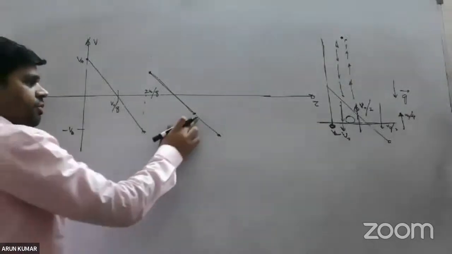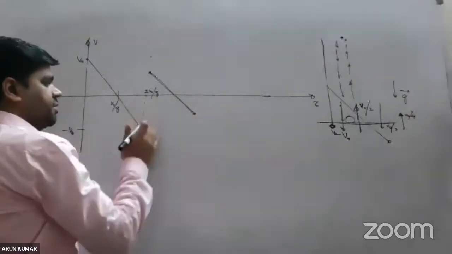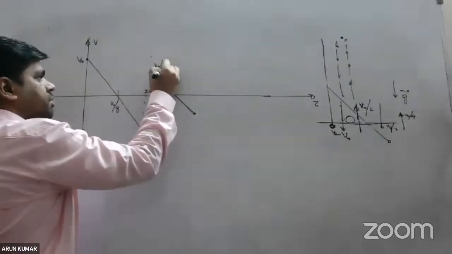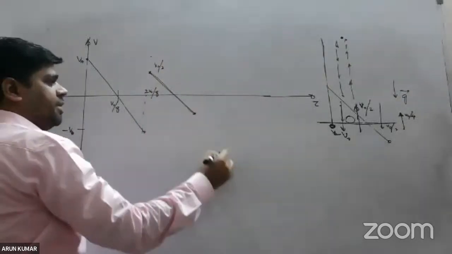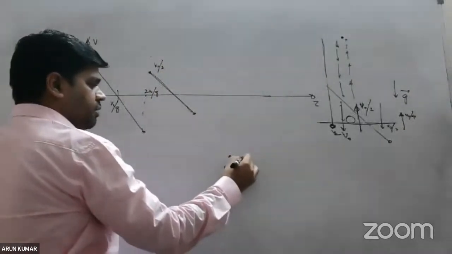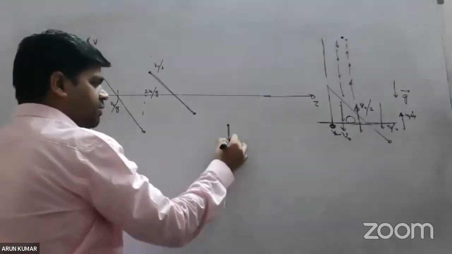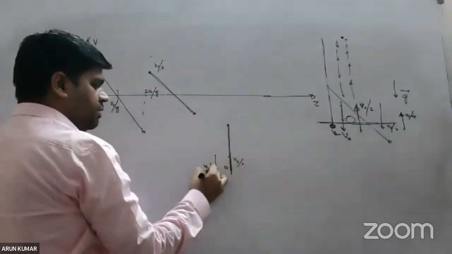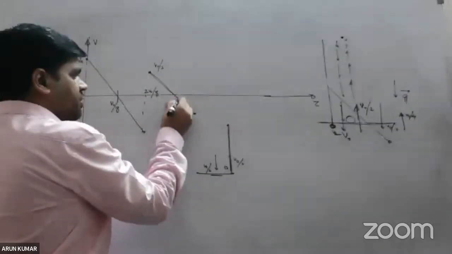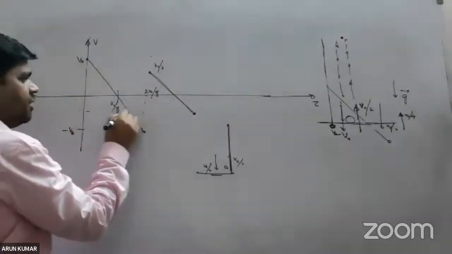Because if it is rebounding with v0 by 2, it will reach zero going up with v0 by 2, stop, and when it comes again the velocity will be v0 by 2. So velocity will be minus v0 by 2 when it reaches ground.